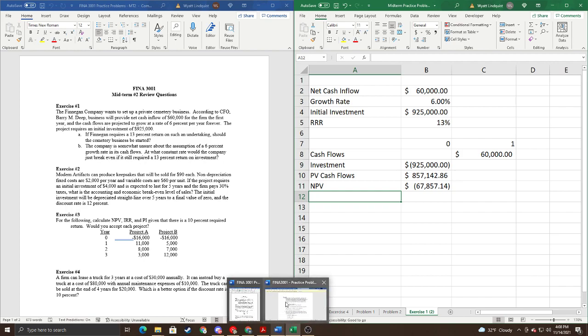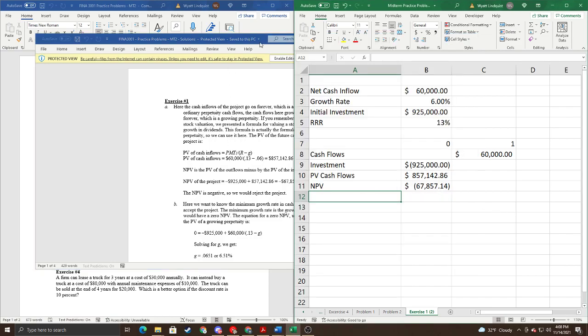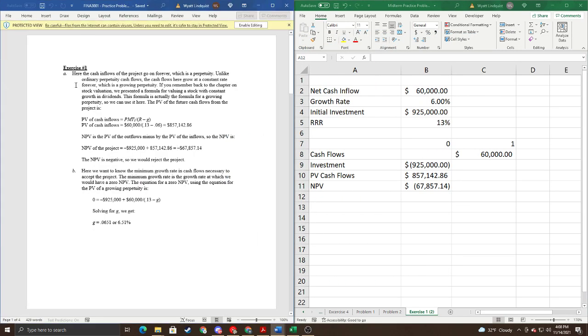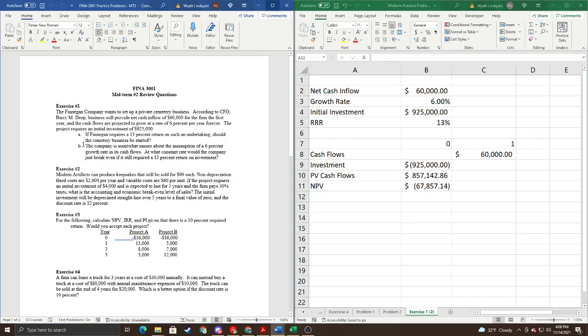So we'll check that real quick, and we find out that that is indeed true. It is negative. These are the same. We'll just throw that there. Yep, perfect.